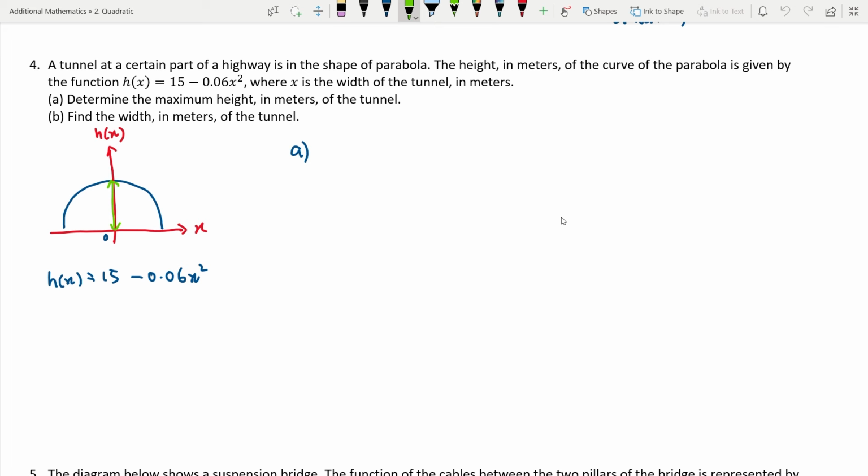Therefore, the maximum height is actually the y-intercept. Substitute x equal to 0 into the function h. We will get 15. Therefore, maximum height is equal to 15 meters.